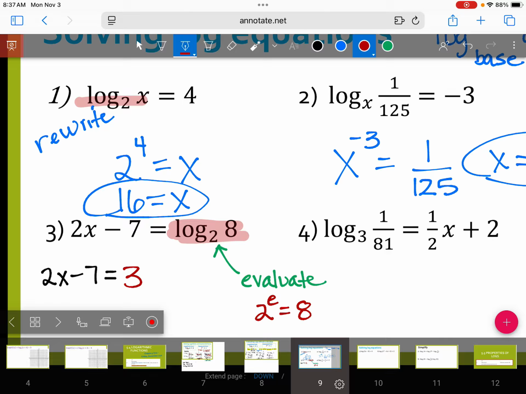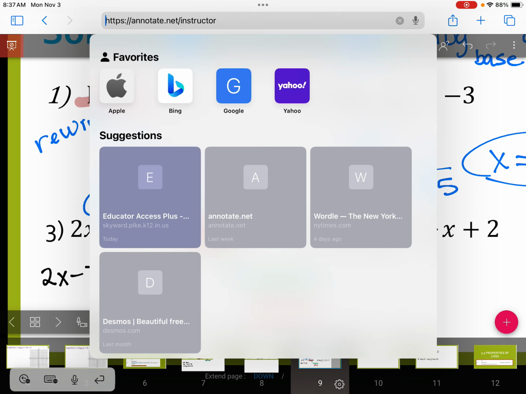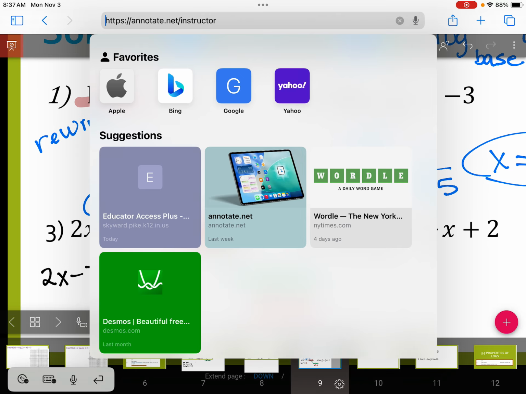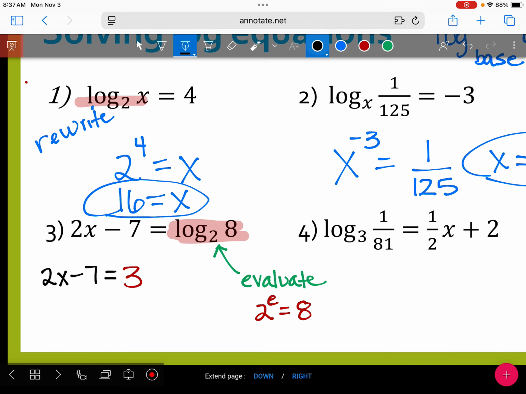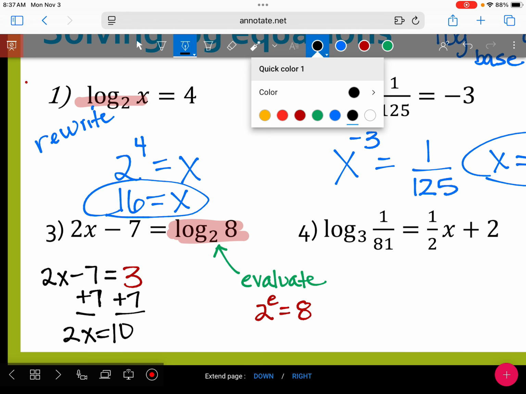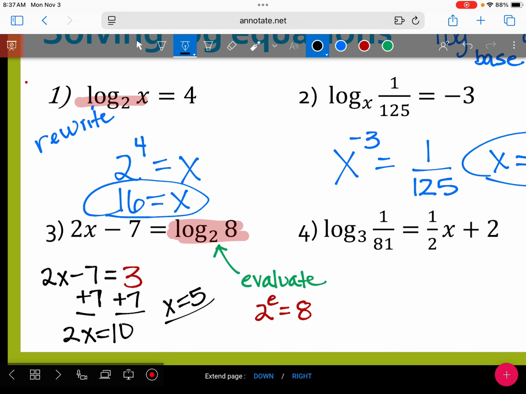You would add the 7, divide by 2, and we should get x equals 5. Who got x equals 5? Okay, good.